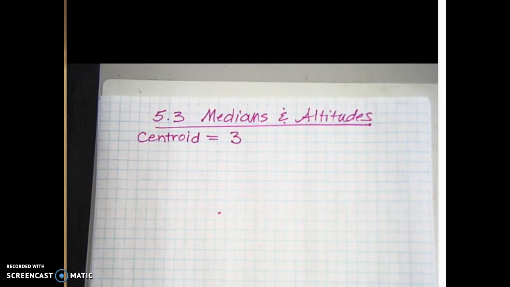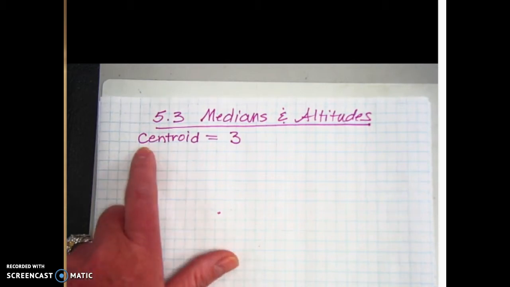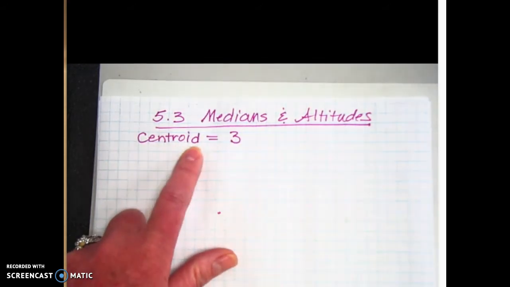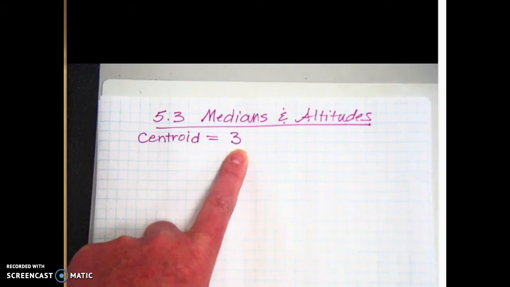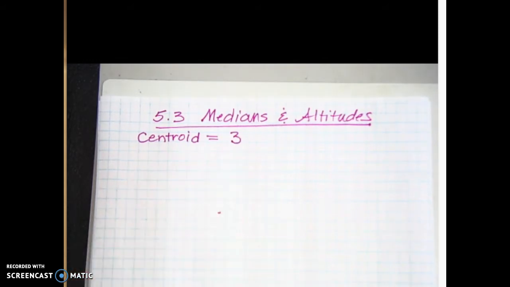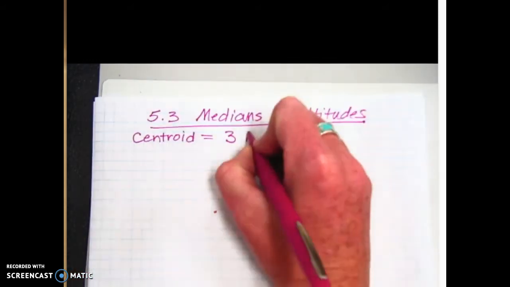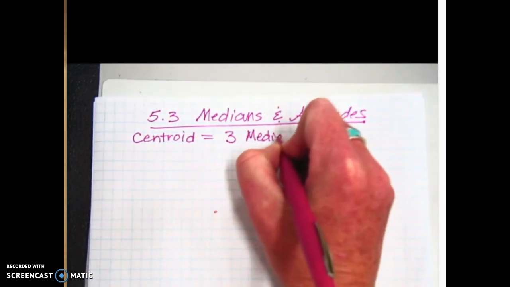Everybody pull out your chart on your desk and look for the word centroid. Centroid is spelled C-E-N-T-R-O-I-D. The centroid is three of which of the segments? Medians. There we go. The three medians.